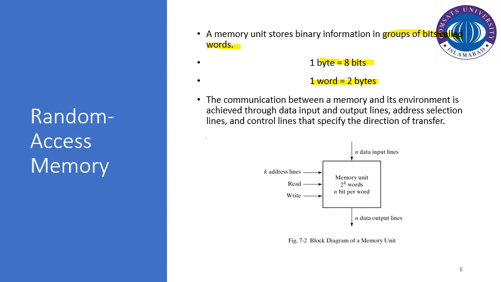So how will we access those lecture rooms? We should have the address of those lecture rooms in order to access them. Similar is the case with the memory elements. If we have to access any location in the memory, we should have its address so that we can access that particular location. Now the address lines are totally dependent upon the number of locations in the memory and don't have any relationship to the data size that can be stored at each location.